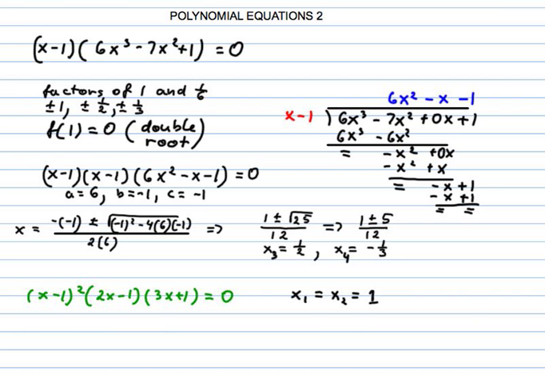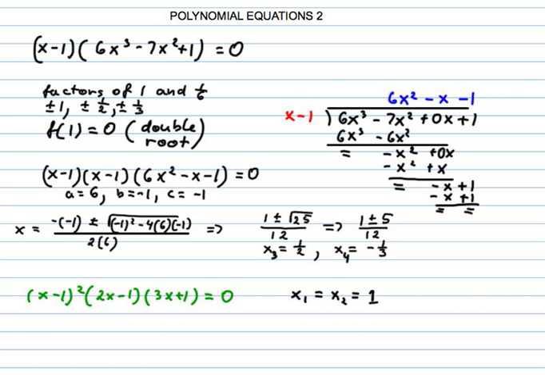x minus 1 squared as a double root, times 2x minus 1, times 3x plus 1. So what we have found here is that this quartic equation had 4 roots. The degree 4 gives 4 real roots. Does it always work like that?